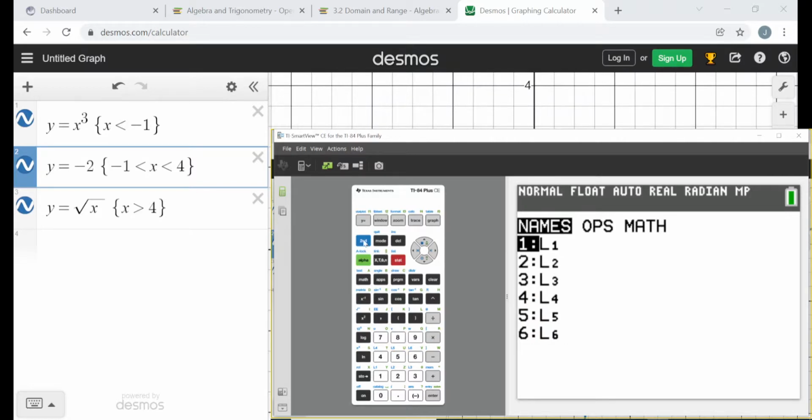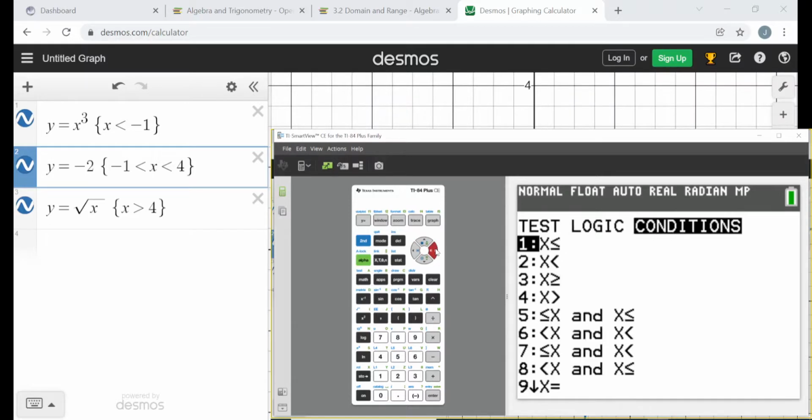If you hit the second button and then the math button, there's a test menu above it. You see all these inequality symbols here, and then in the logic menu there's and, or, and stuff like that. Let's see, conditions.